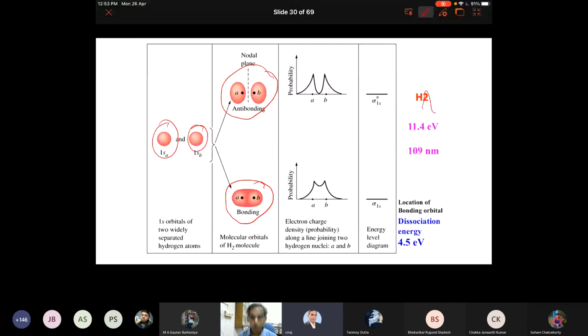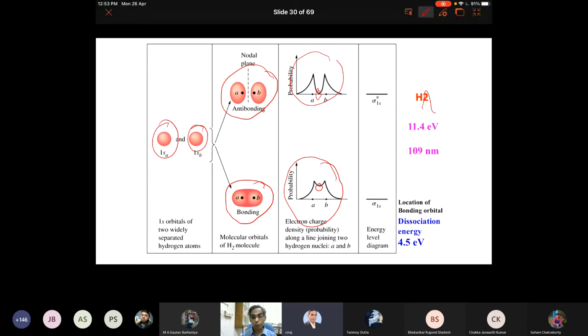Again, some of you will ask, sir, how do you prove that there are bonding and anti-bonding MOs? Is it really there? Yes, it is there. Here in the bonding you have the reinforcement of the waves, and here you cancel each other. Here you have no electron density, but you have maximum electron density here.